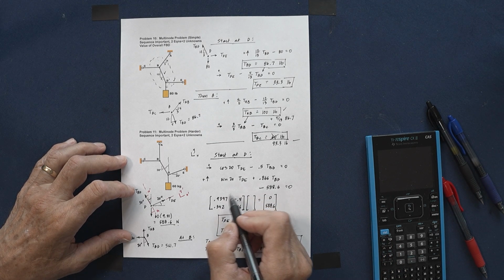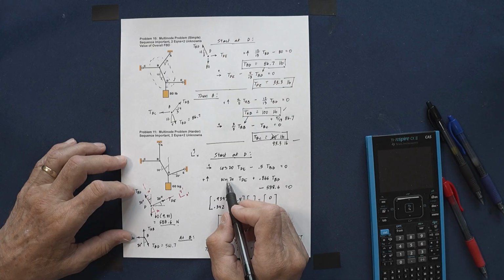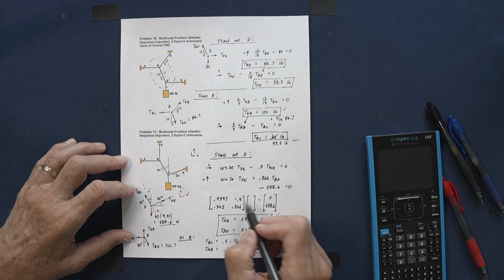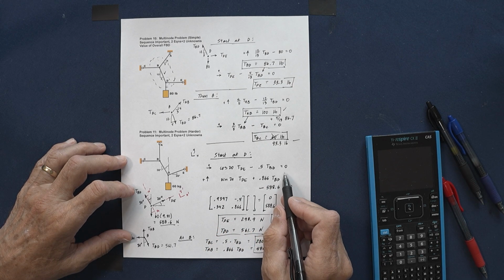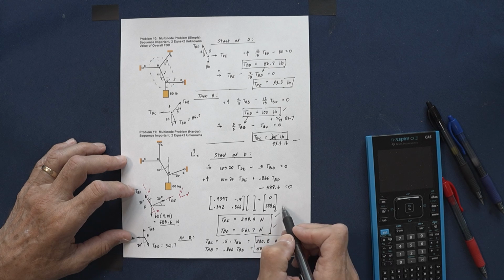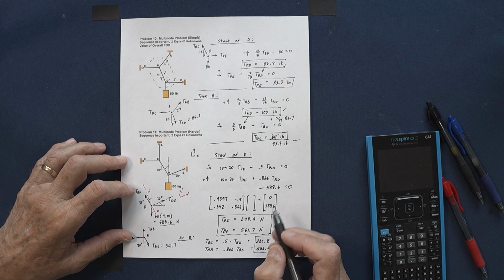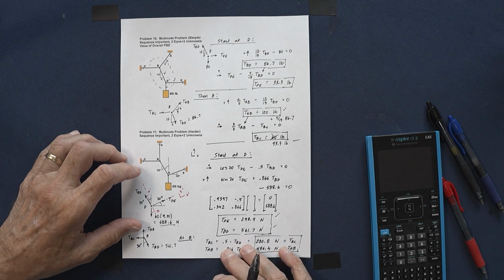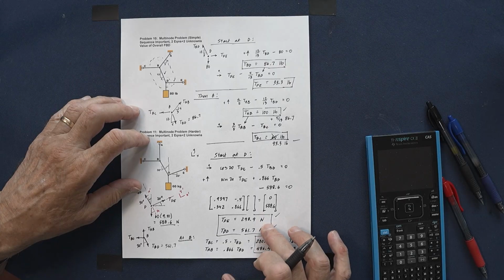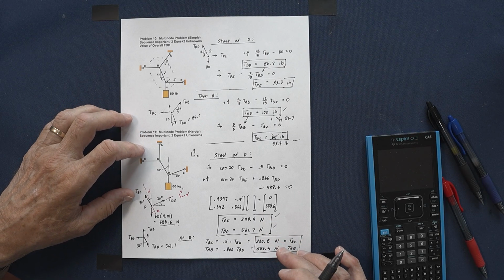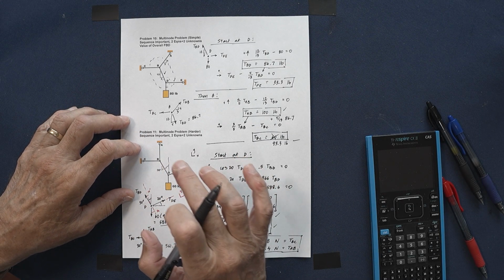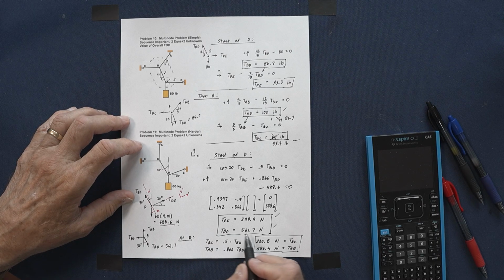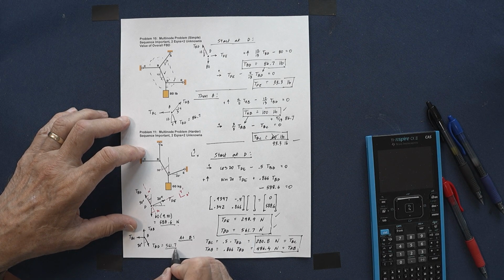Cosine 20 is this guy, minus 0.5, sine 20, 0.866. The right-hand side becomes 0 and positive 588.6. I can solve that using a matrix on my calculator, and I get these two numbers. Once you get these two numbers, then TBD is 561.7 newtons.